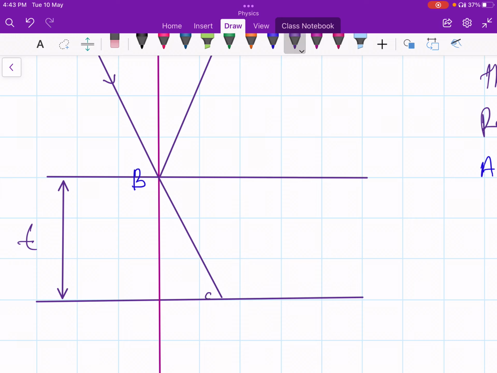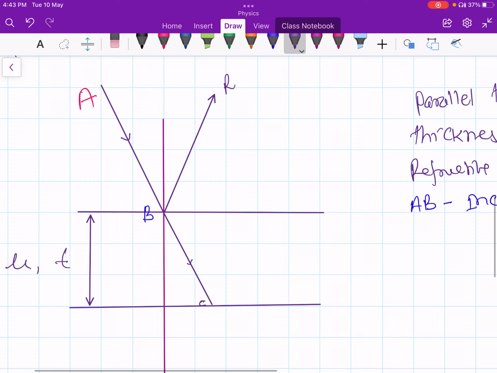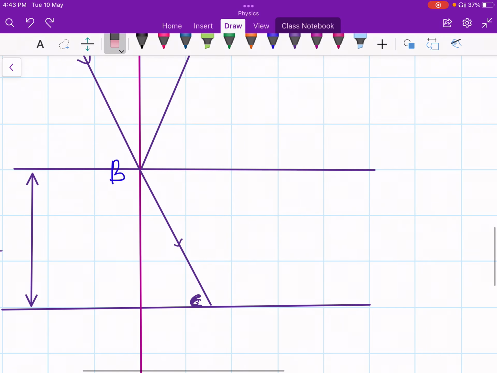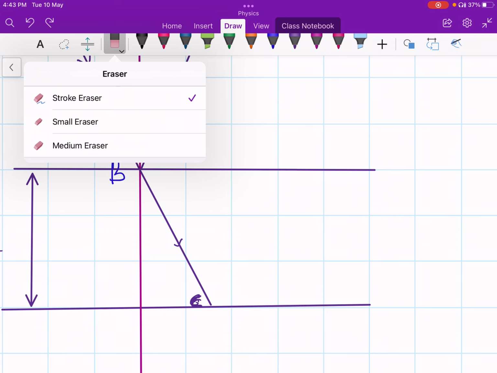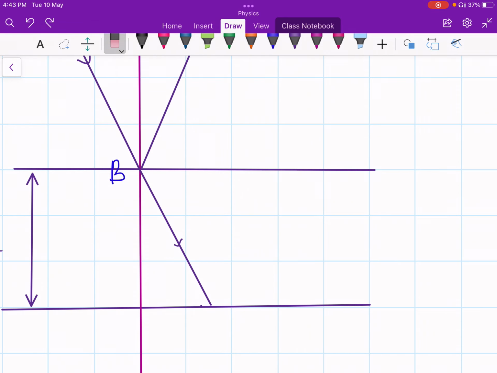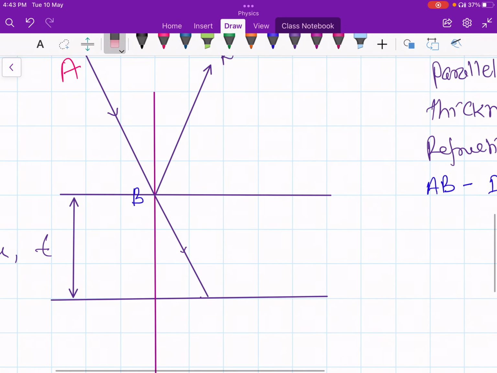Let's say this point is C. So at point B, the ray is partially reflected along BR and partially transmitted along BC. This point here is C.